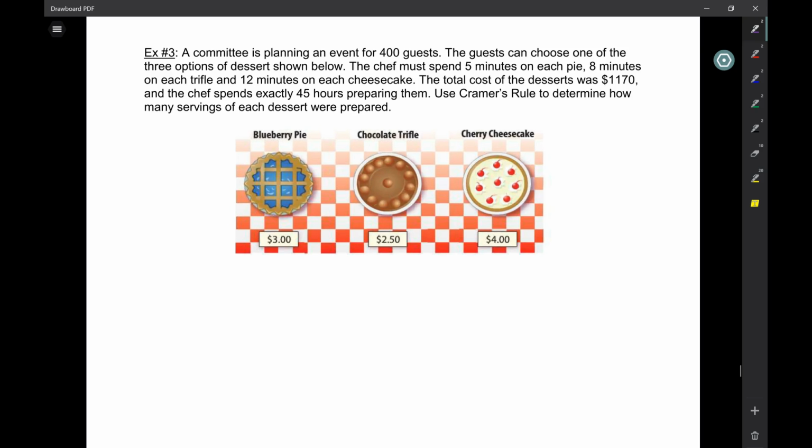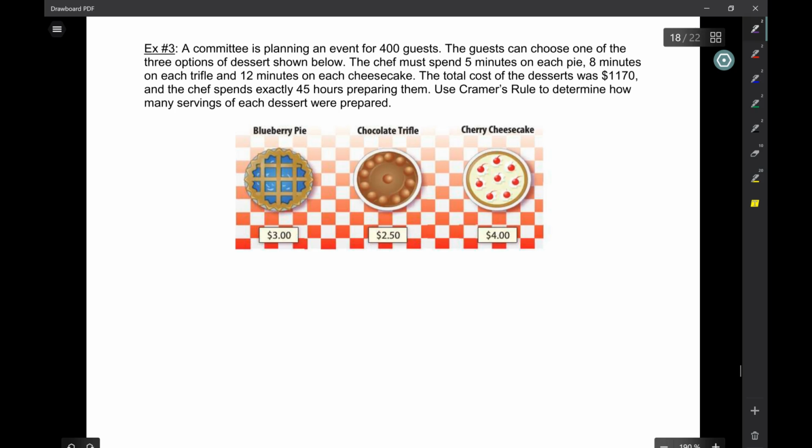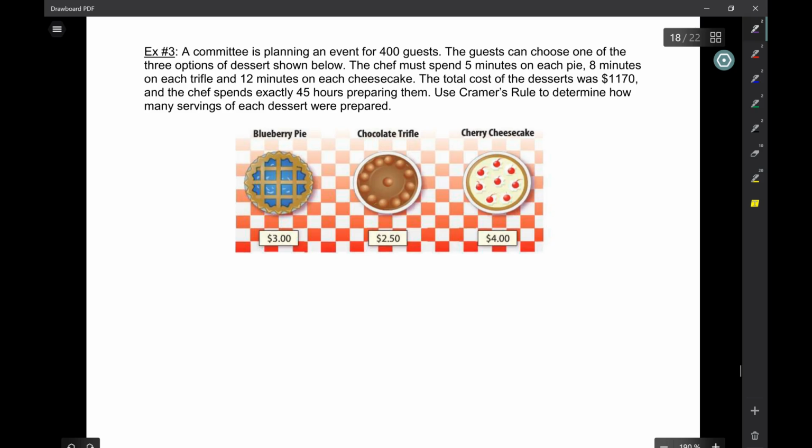A committee is planning an event for 400 guests. The guests can choose one of the 3 options of dessert shown below. The chef must spend 5 minutes on each pie, 8 minutes on each trifle, and 12 minutes on each cheesecake. So those are the 3 desserts. The total cost of the desserts was $11.70, and the chef spends exactly 45 hours preparing them.